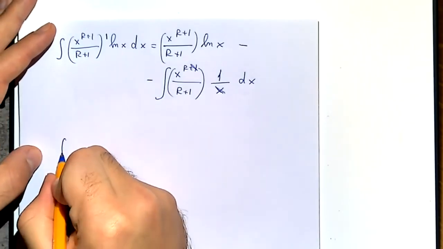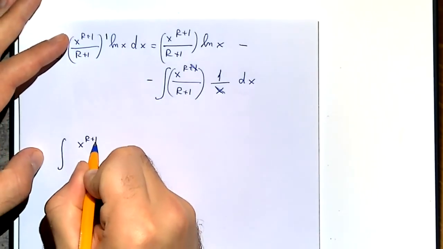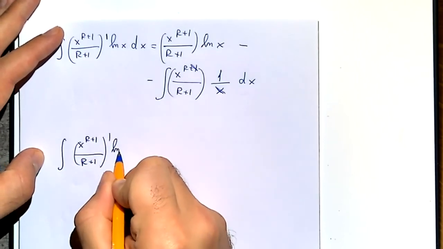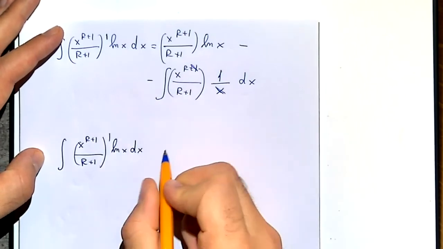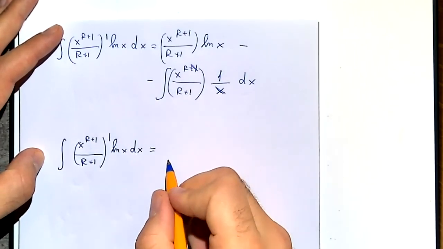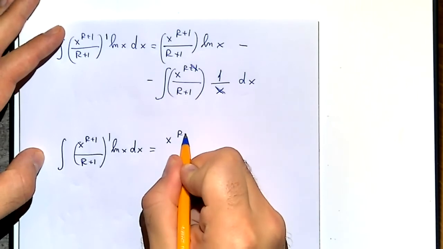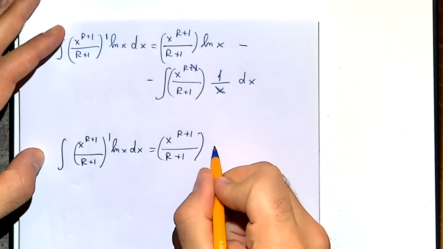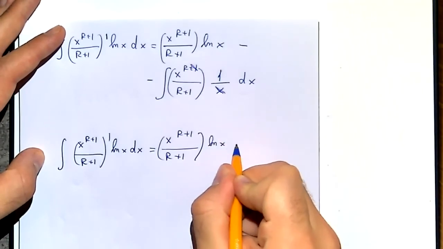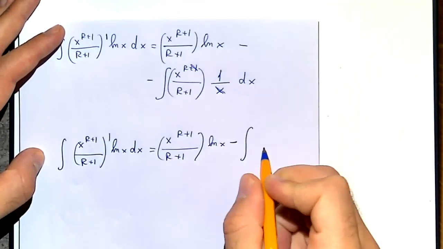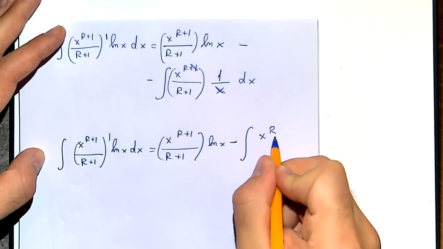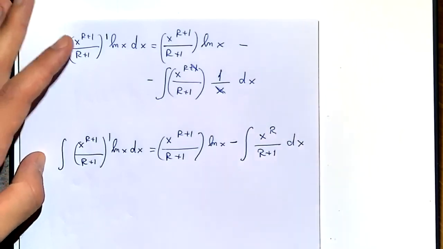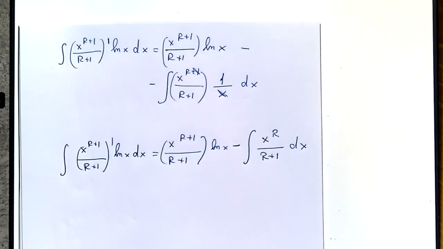So I just get x^r. The integral is equal to, again, copy this, log of x minus the integral of x^r dx. Well, this doesn't look so bad.